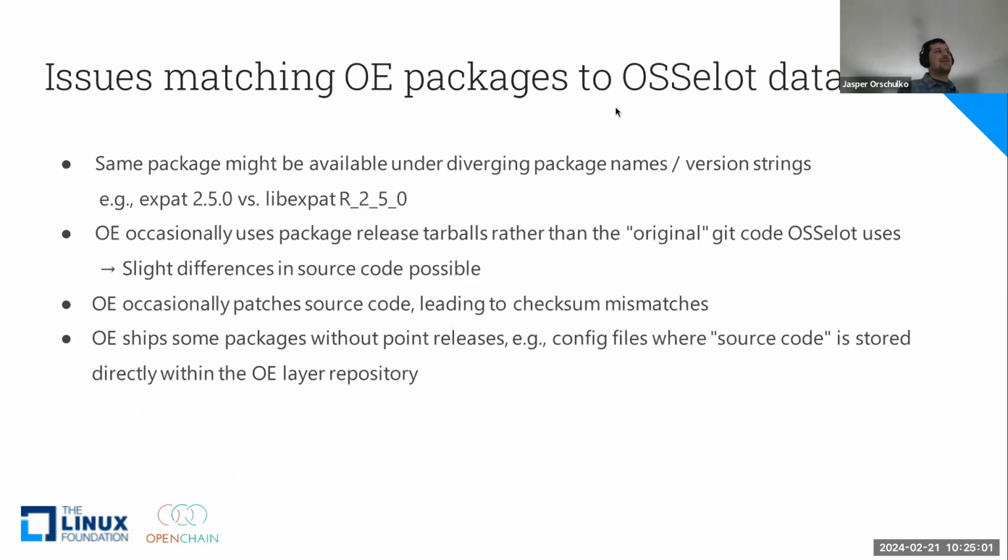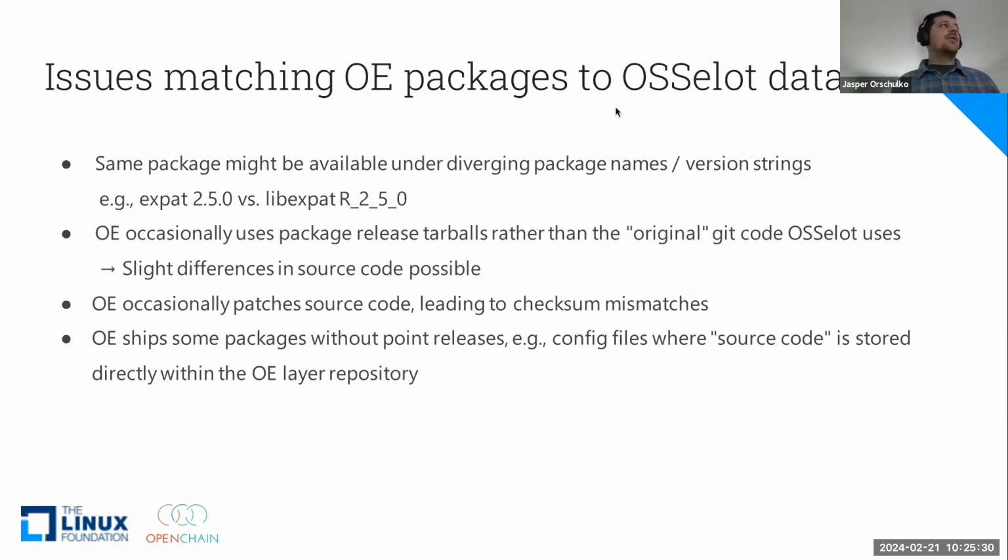All right, so we ran into a few issues. The biggest issue was actually quite easy to fix. Some packages are available in OpenEmbedded under a different name scheme than in OSSelot. For example, we have expat, and in OpenEmbedded the recipe is called expat and the version number is just written as 2.5.0.